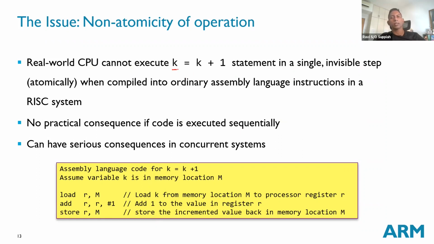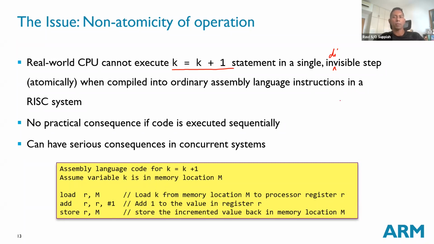Now, in a real world situation, we must understand that k = k + 1 is not something that can be executed in a single indivisible step. Indivisible, not invisible. When we say atomic operation, an atomic operation is one that can complete in a single cycle. But k = k + 1 is a non-atomic operation.